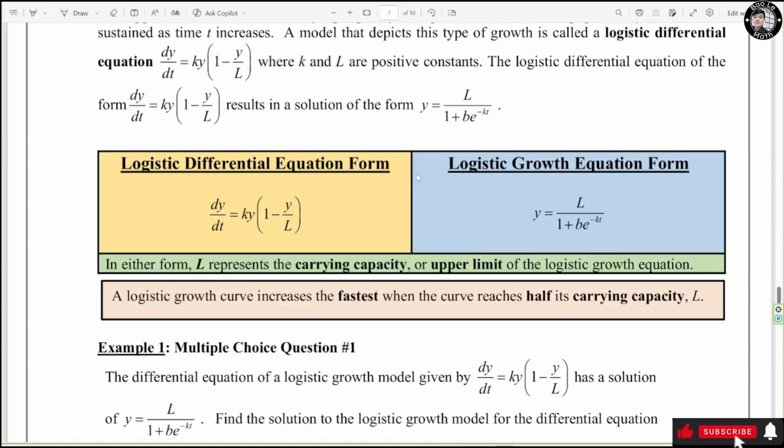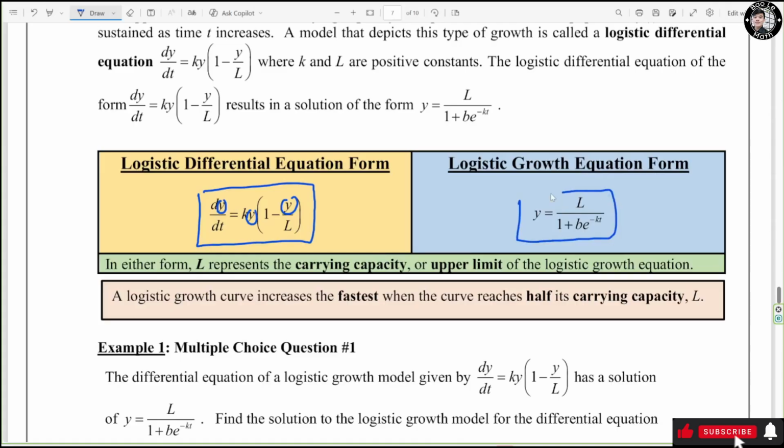The logistic model differential equation is given by the formula dy over dt equals k times y times 1 minus y over L. In either form, L represents the carrying capacity.